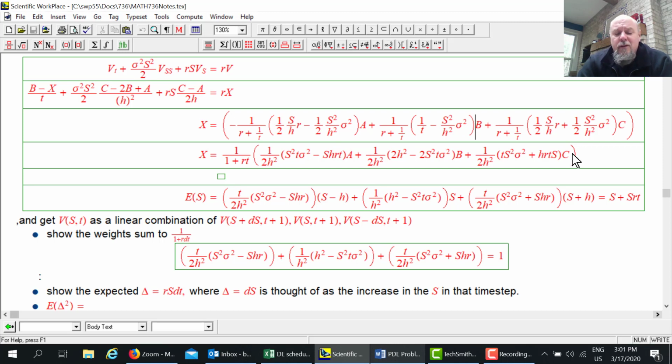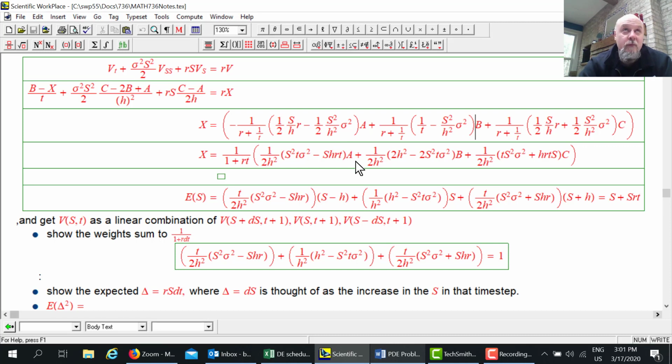What I'm interested in now is to think about, like, what's the expected stock price? Well, if I think of these as probabilities, then remember that this A is if the stock goes down in value in the time step.